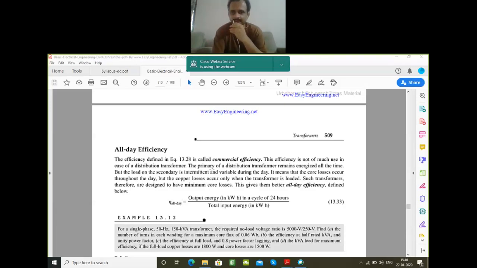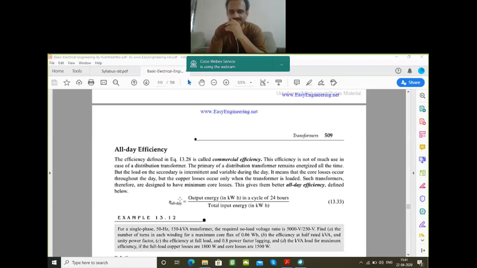The primary of the distribution transformer remains energized, but the load of the secondary is varying. This means core loss occurs throughout the day and copper loss occurs only when the transformer is loaded. Core loss is iron loss. Such transformers are designed to have minimum core losses.